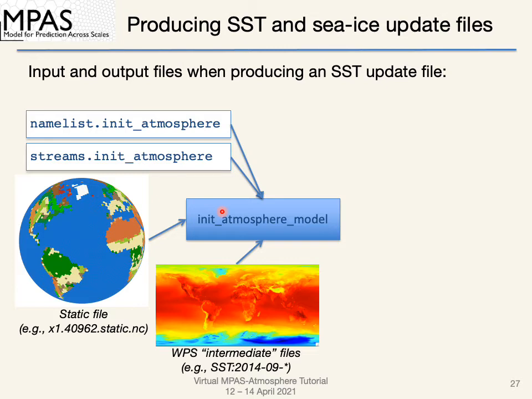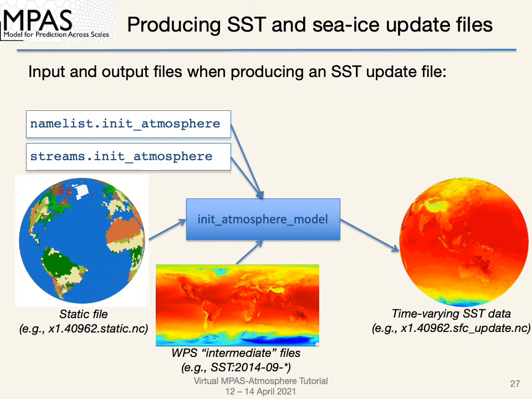And we also need files that provide SST and sea ice analyses. And as with the atmospheric initial conditions, those files come in this WPS or WRF preprocessing system intermediate format. So in the same way that you produced atmospheric initial conditions in the intermediate format, you would produce a series of files that contained SST analyses in this intermediate format, again using the WRF preprocessing system.